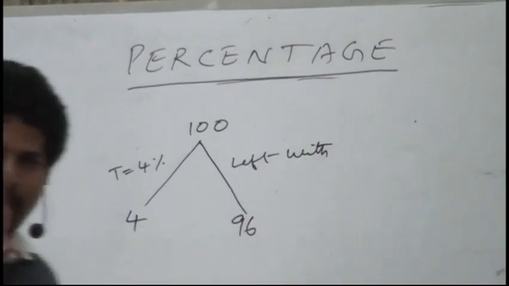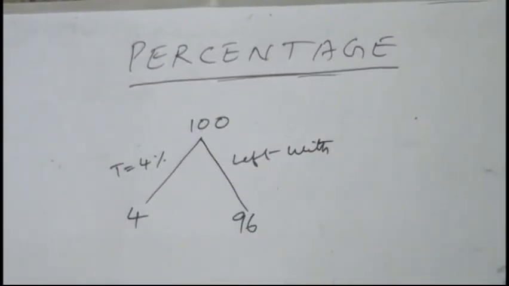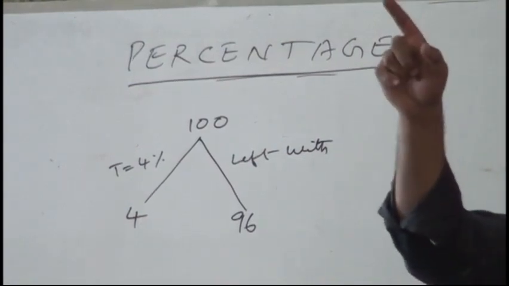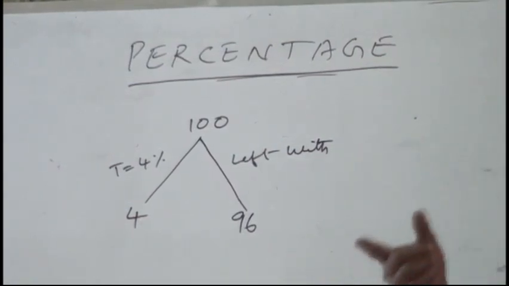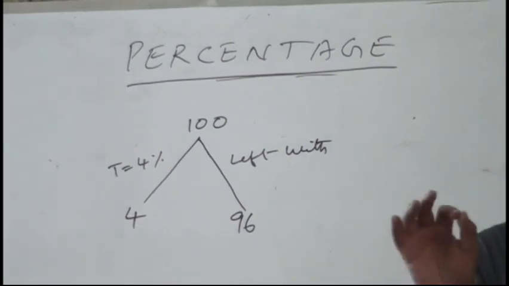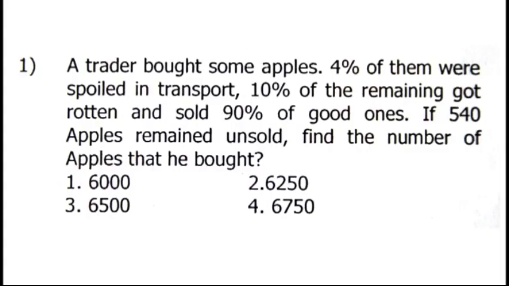Now what is next statement of the problem? 10% of total apples or 10% of remaining apples. So there are two possibilities here. The problem statement can be 10% of the total got rotten. Then we calculate 10% on 100.